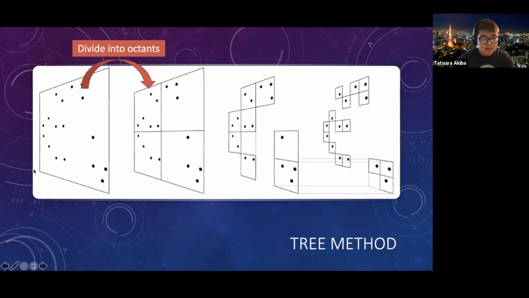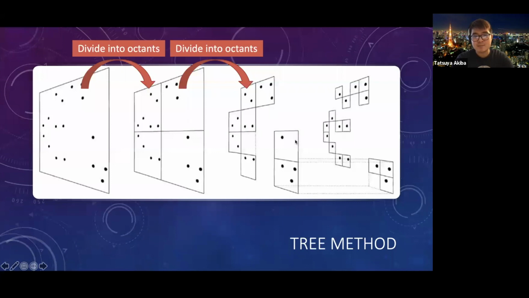Let's say this is the cube of the parent simulation here. We're going to first divide that into octants. So we're going to divide the 3D space into 8 equal cubes, and that's going to look like this. And then you're just going to keep doing that until, when we get to the leaves of this tree, we have a bunch of small cubes.